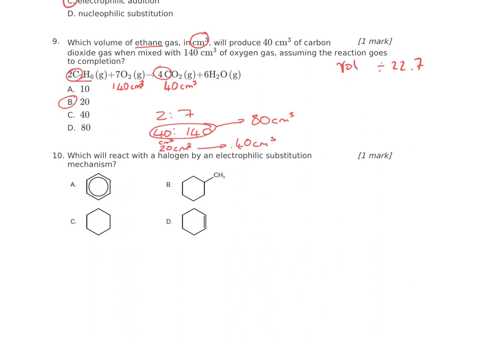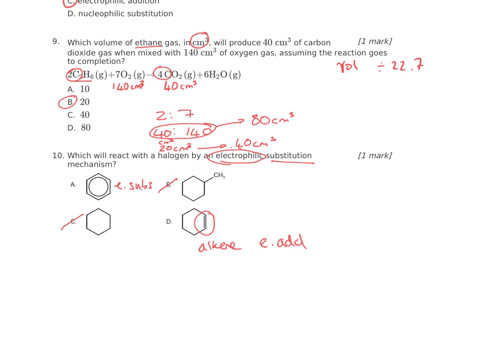Number 10, which will react with the halogen by electrophilic substitution. Okay, so electrophilic, so it's got to have double bonds or something to attract with lots of electrons, so it's not going to be B or C. This is an alkene, remember. So they tend to do electrophilic addition, and benzene tends to do electrophilic substitution.